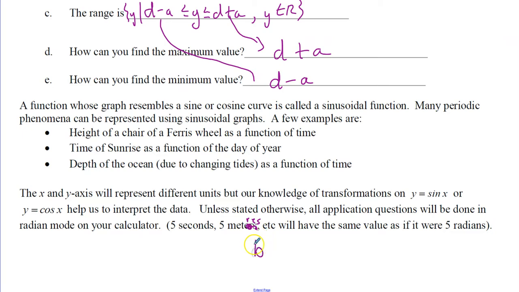And actually, that's where b comes in. What b is doing for us in an application question is changing from whatever the x-axis units are, or theta or t, into radians. So it's converting into radians.